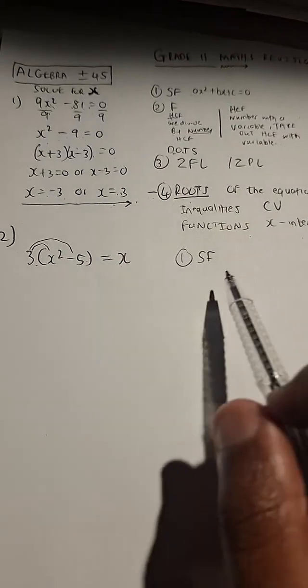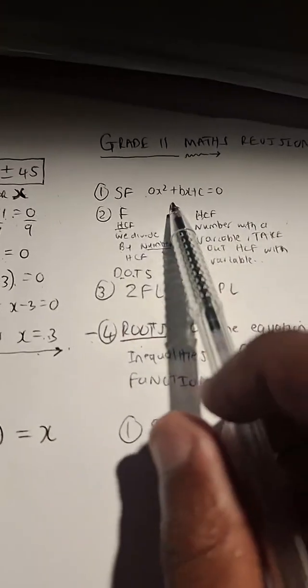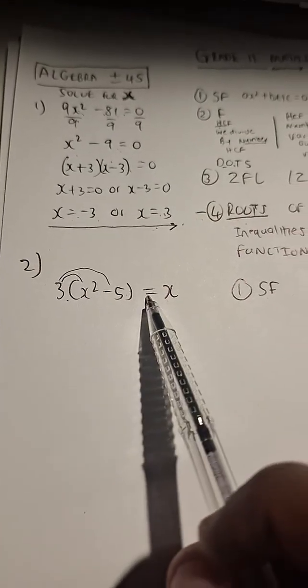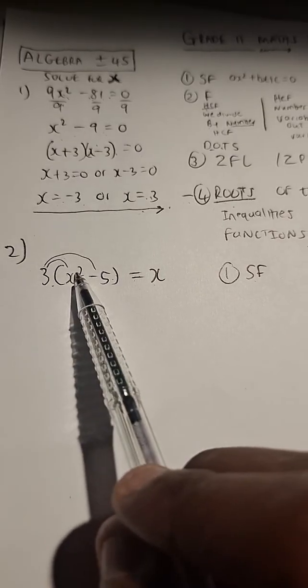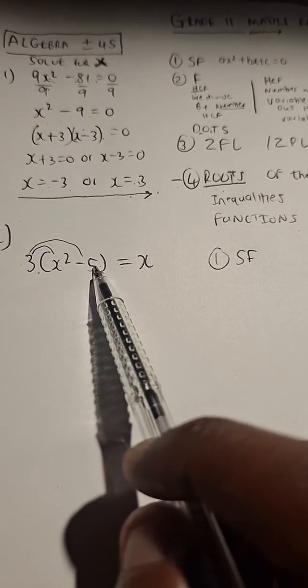So what we first do is distribute this 3. Why? Because remember, our equation has to be first written in what? In standard form. What is standard form? Ax squared plus bx plus c is equal to 0. Is it currently in standard form? No. So that is why I am taking this 3 and distributing it into the bracket. There are 2 terms inside the bracket.